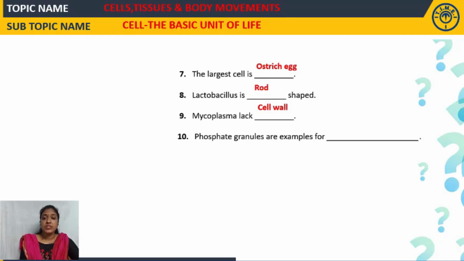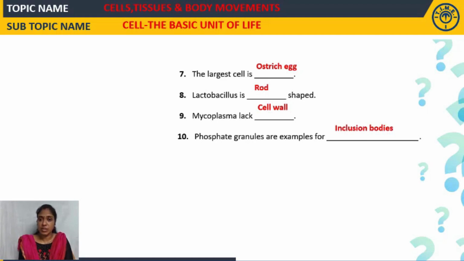For example, phosphate granules are stored in these inclusion bodies, which are scattered in the cytoplasm. So phosphate granules are examples for what? Inclusion bodies, which are commonly seen in bacteria. Is that clear?